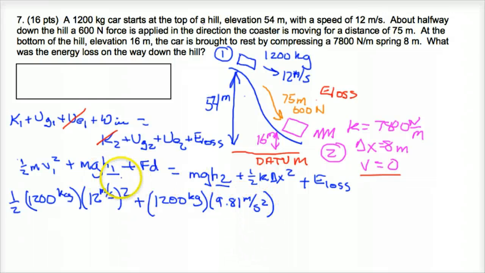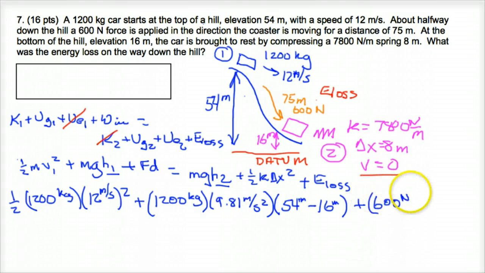So I'm just going to write that as H1 minus H2, the difference in the height, so 54 meters minus 16 meters, plus force times the distance, so that's my 600 newtons times 75 meters. There's my work in.